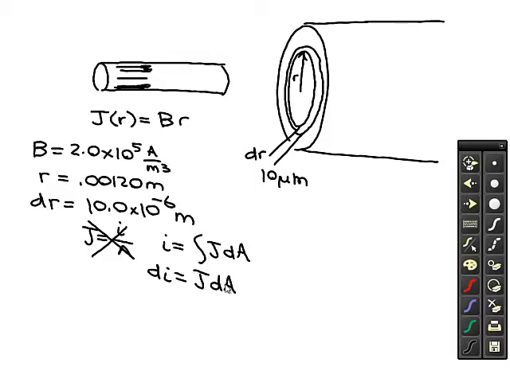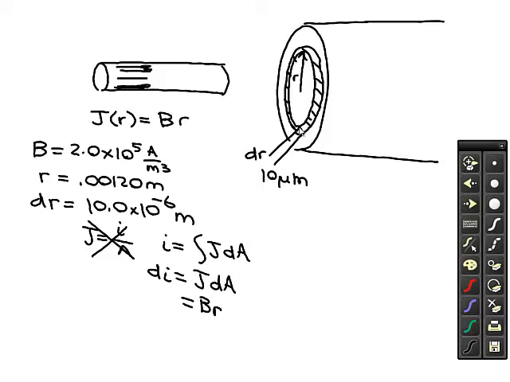Now, if we're looking for dI, J we can replace with B times r. A we can replace with the area of this thin ring.